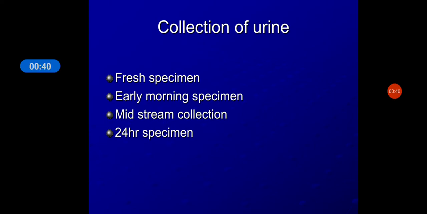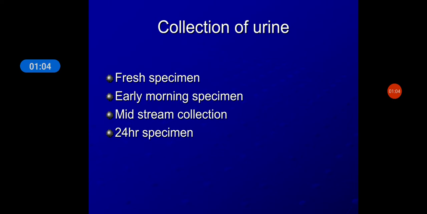Usual investigations are done in a random sample. Early morning specimen is mainly used for UPT and if you require glucose. Midstream urine collection is mainly required for bacteriological investigations. What all investigations you will do in microbiology is usually collected by midstream sample.